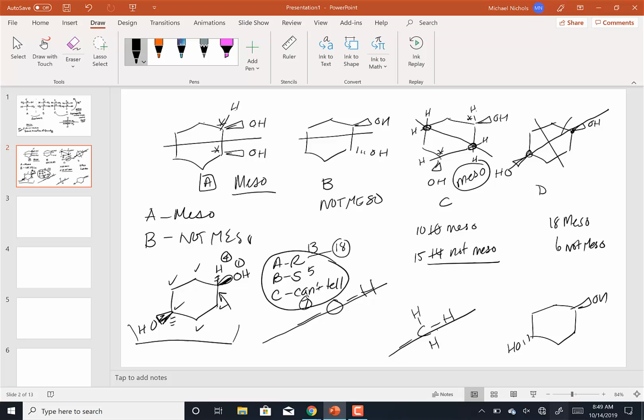So if two groups are above the plane of the ring, it's cis. Two groups below the plane of the ring, it's still cis. One below, one above, it's trans. So two bolds, cis. Two dashes, cis. Bold and a dash, trans. So cis-trans is used for both the rings and the double bonds. Olivia?